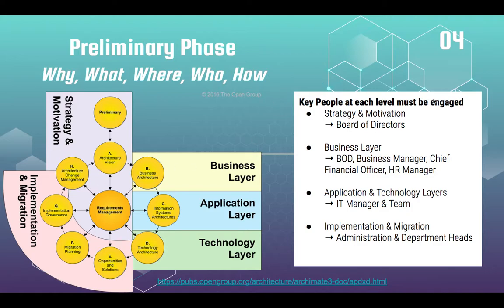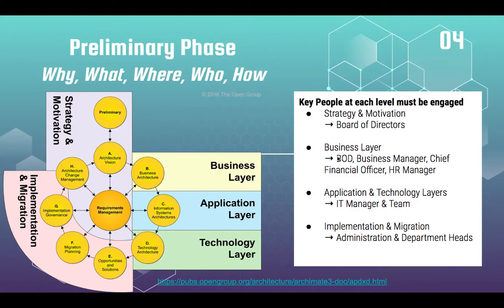So in my current organization, I definitely recognize that in terms of strategy and motivation, our board of directors are going to be the key decision makers and the ones that we need to get on board and engage. In terms of the business layer, this is actually one of the most difficult for me to get access to, because our school definitely does not like to talk about money with anyone almost.